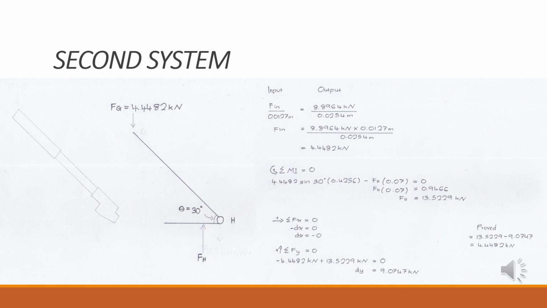And then I found Fx. Fx is equal to 0 because there is no force applied on the x-axis. Then for Fy, negative 4.4482 kilonewton plus 13.5229 kilonewton equals 0.